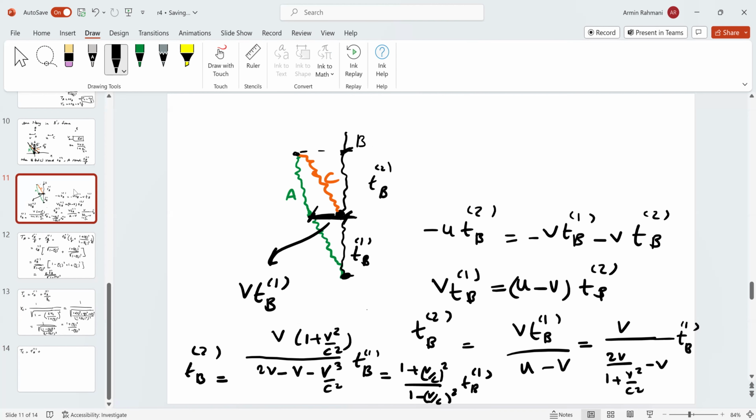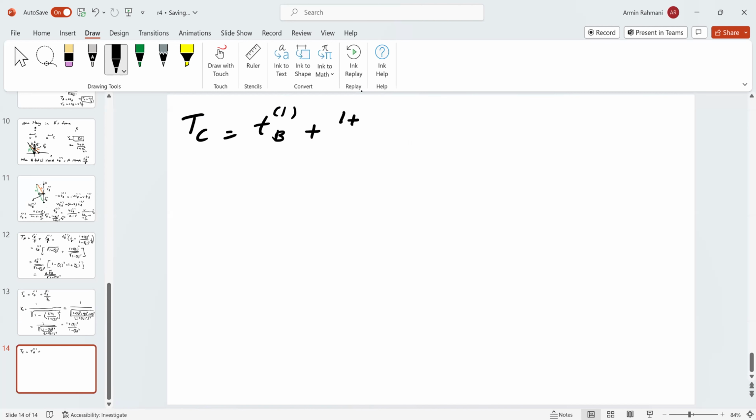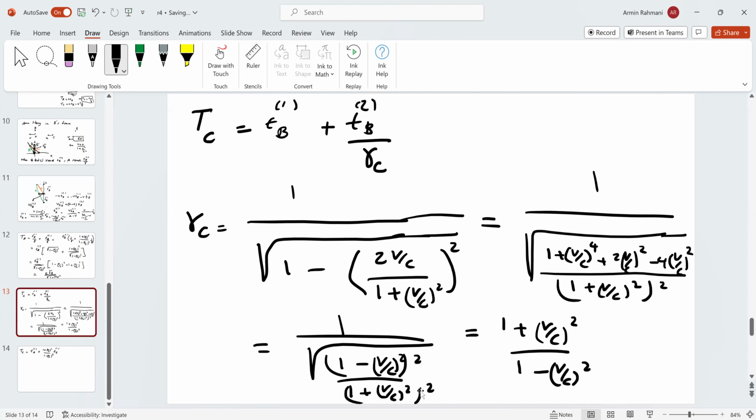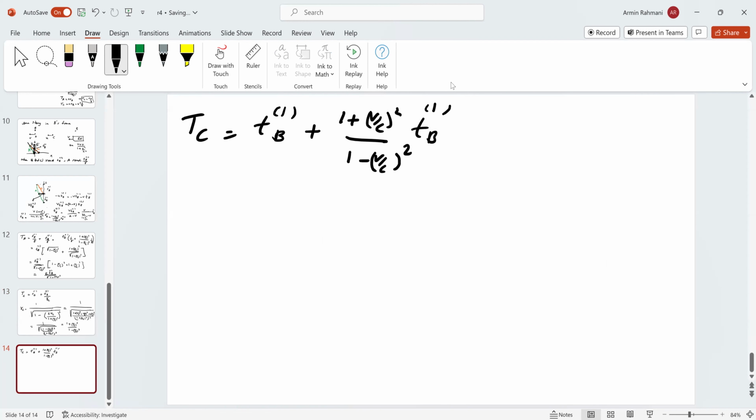So that was this expression, 1 plus v over c squared, 1 minus v over c squared. That's my TB2. That needs to be divided by this gamma C. So I get the inverse of that, which conveniently cancels out this factor here. So that's just 2 TB1.